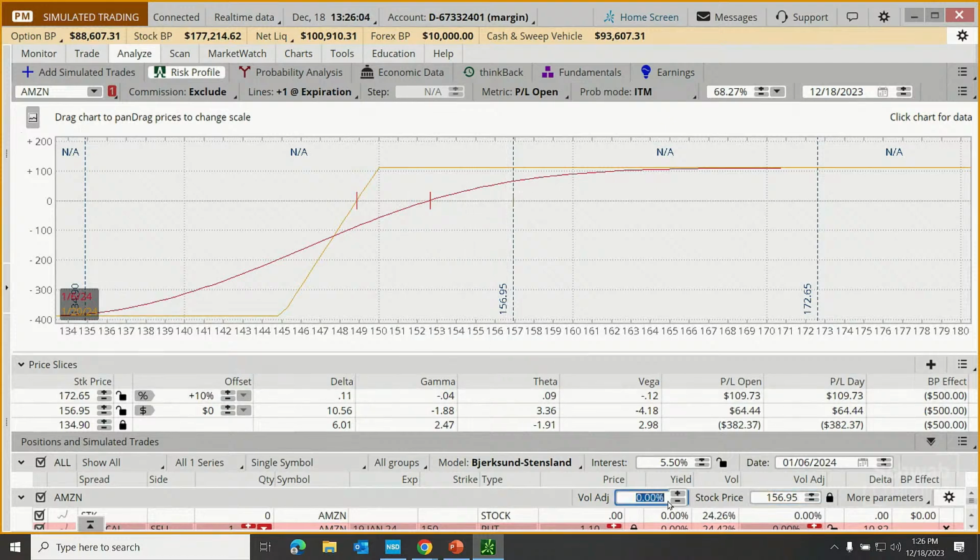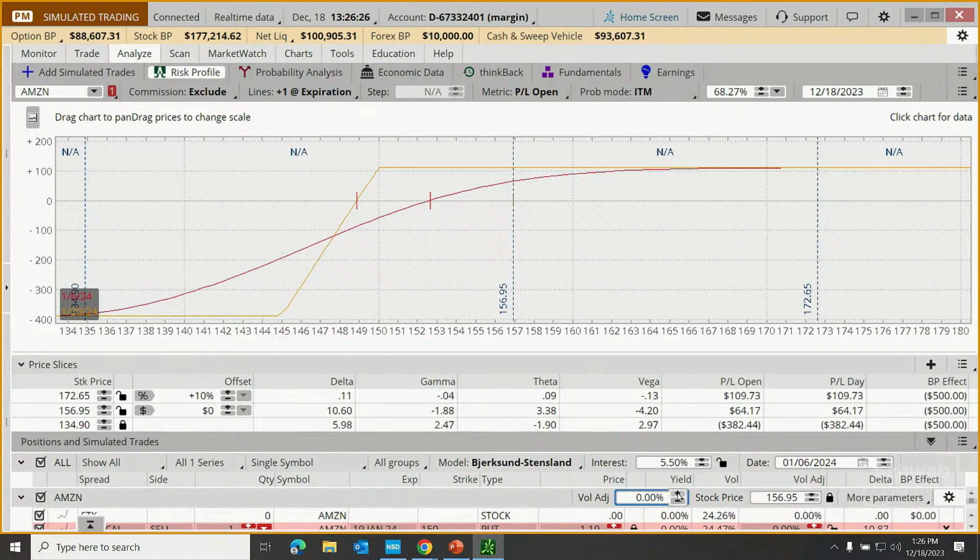And then finally, what about volatility? Well, this is a credit spread. In other words, it's primarily a short position. And if volatility rises, does that hurt traders or help traders? That actually hurts traders. Okay. If volatility drops, that tends to help sellers.